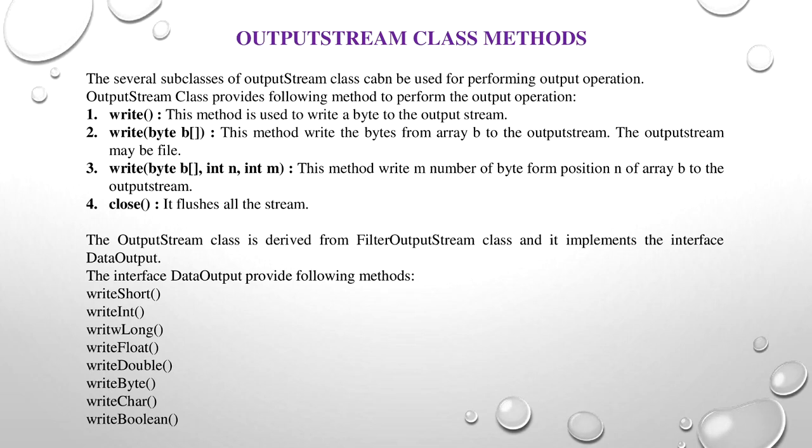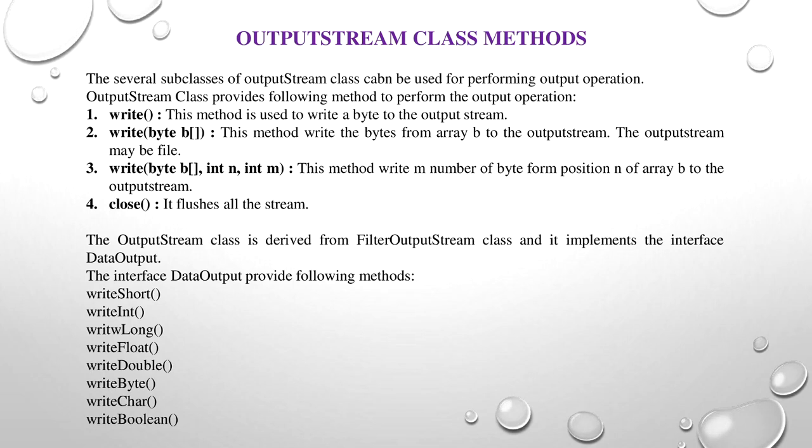The third variation of the write method takes three different parameters. The first parameter is the array of bytes, then integer n, integer m. This method writes m number of bytes from position n of array b to the output stream.